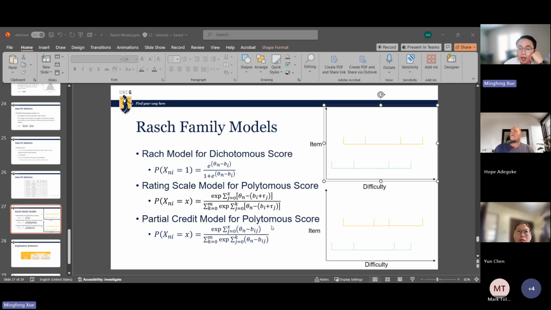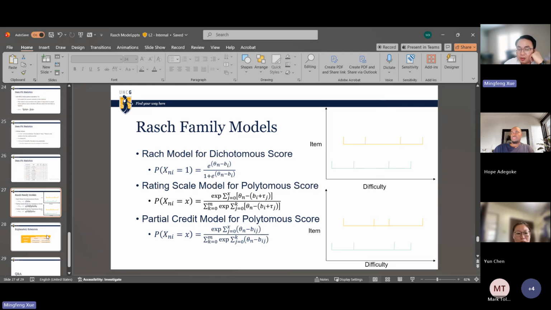In terms of the partial credit model, if I write it in the rating scale way, there should be an item subscript for the step deviation. So this is the difference between the Rasch family models in terms of polytomous scores.